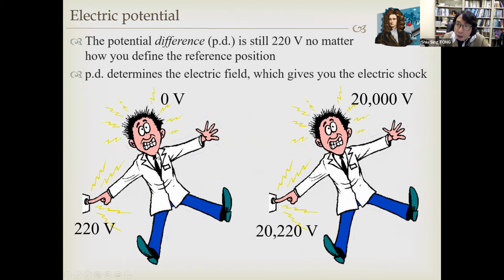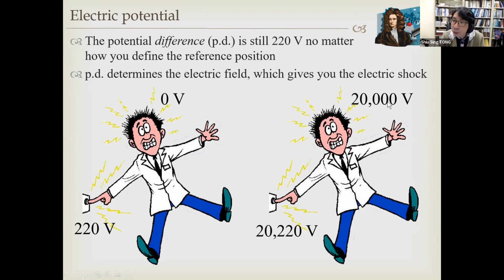So if you say the potential of your body is 0 volts, and the potential of the main supply is 220 volts, then you put your finger to the main supply, you get an electric shock, because there is a potential difference between the main supply and your body, and that potential difference is 220 volts. And that is exactly the potential difference that produces the electric field that drives the current through your body. So you get hurt. Okay.